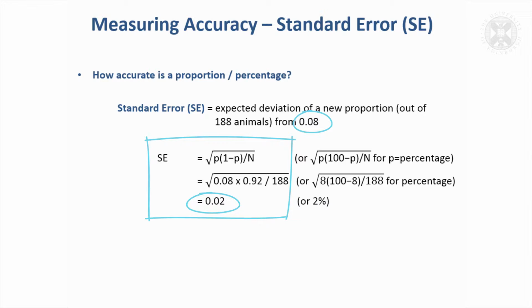It's expected that if you took a new sample, you'd have sort of either 0.1 or 0.06. So you can't say it's exactly 0.08.